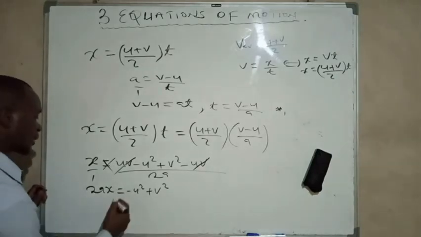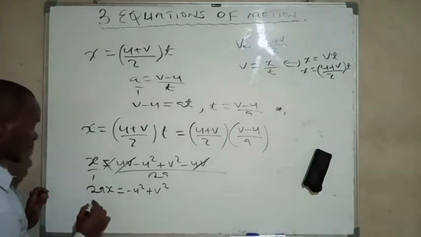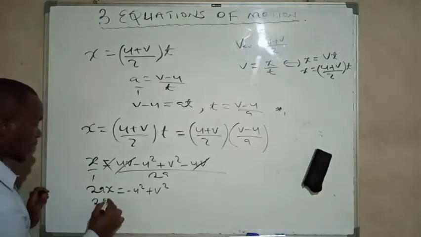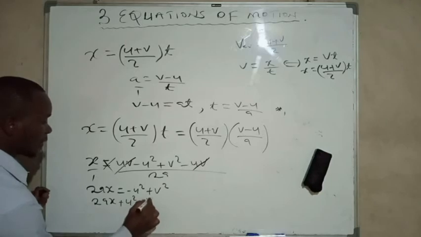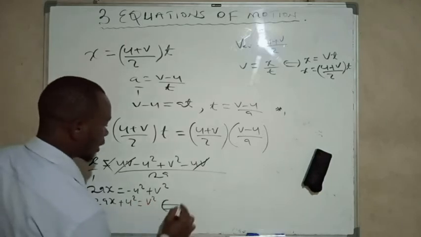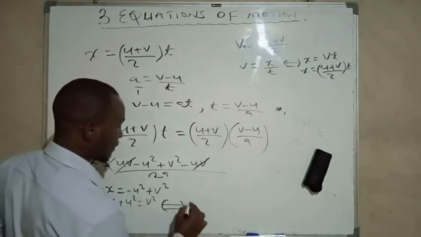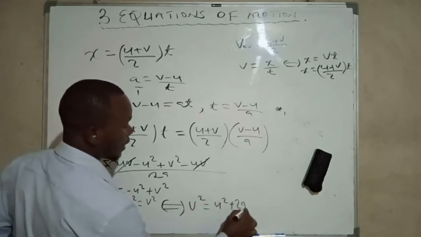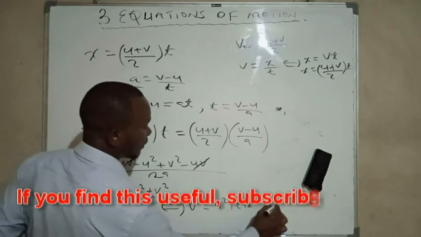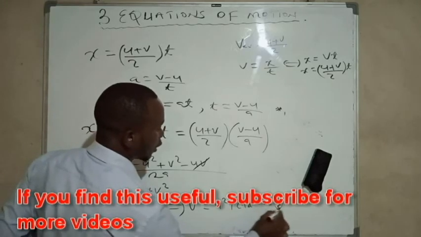If we take this on the other side of the equal sign, we're going to have 2ax plus u squared is equal to v squared, which can also be written as v squared is equal to u squared plus 2ax. And this is the third equation.